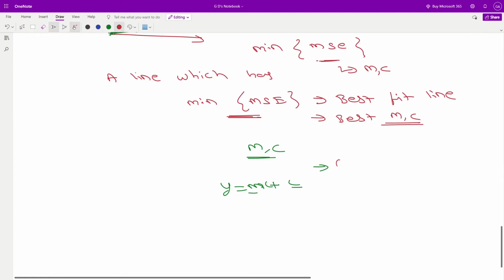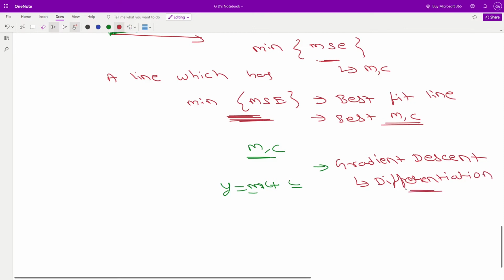We'll use this concept to find the minimum mean squared error, okay? And gradient descent works on the principle of differentiation, right? We'll be using differentiation in order to apply the gradient descent algorithm, okay?